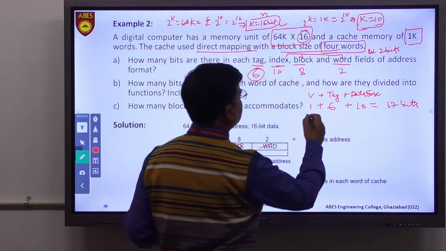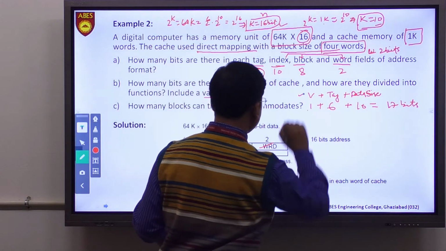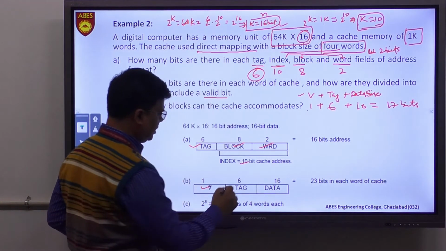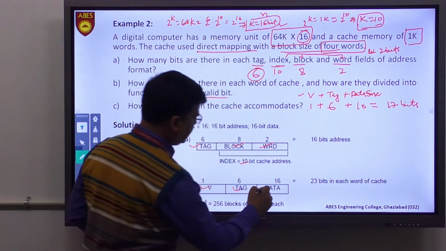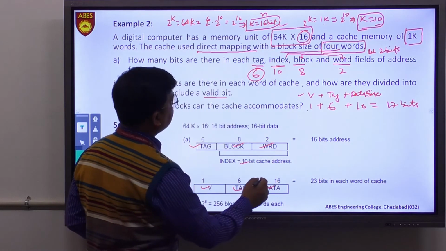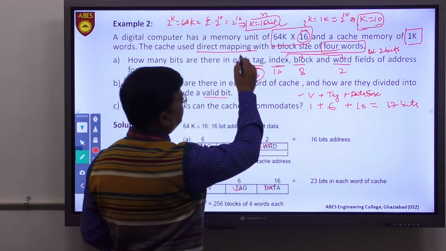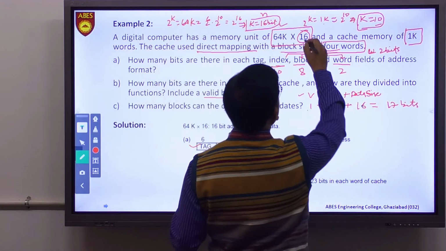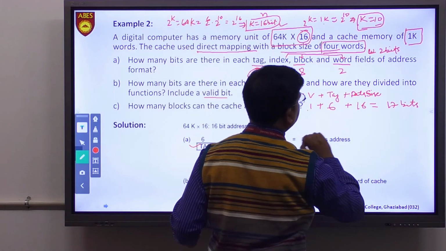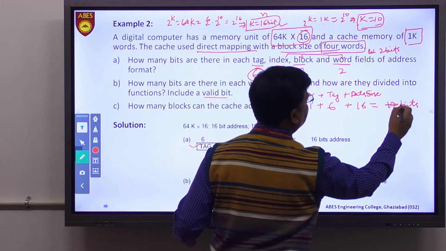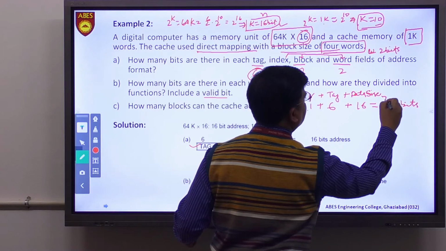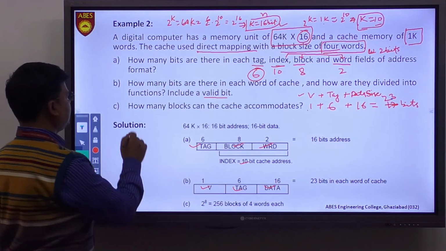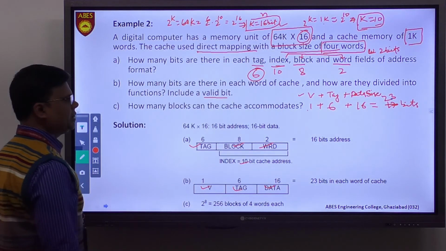It is shown here that one bit is the valid bit, tag has 6 bits and data has 16 bits. So this will be 23 bits.